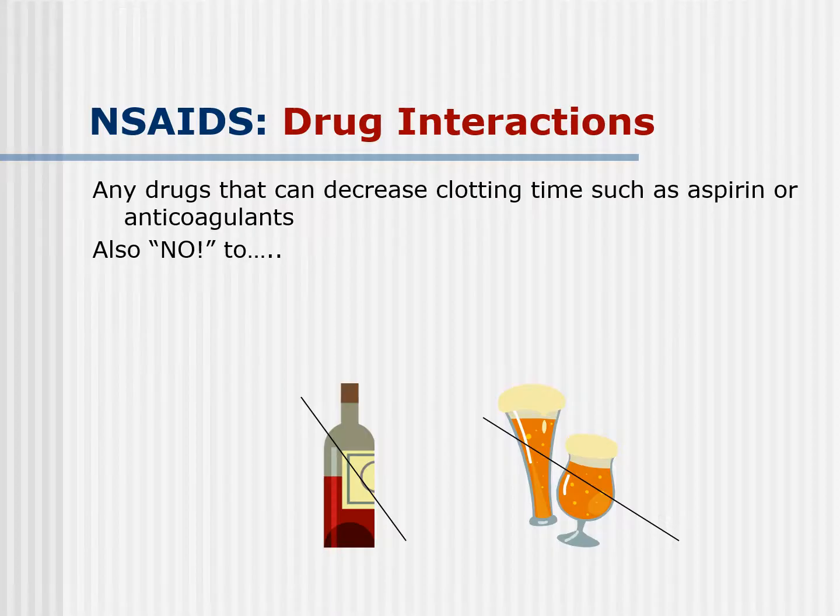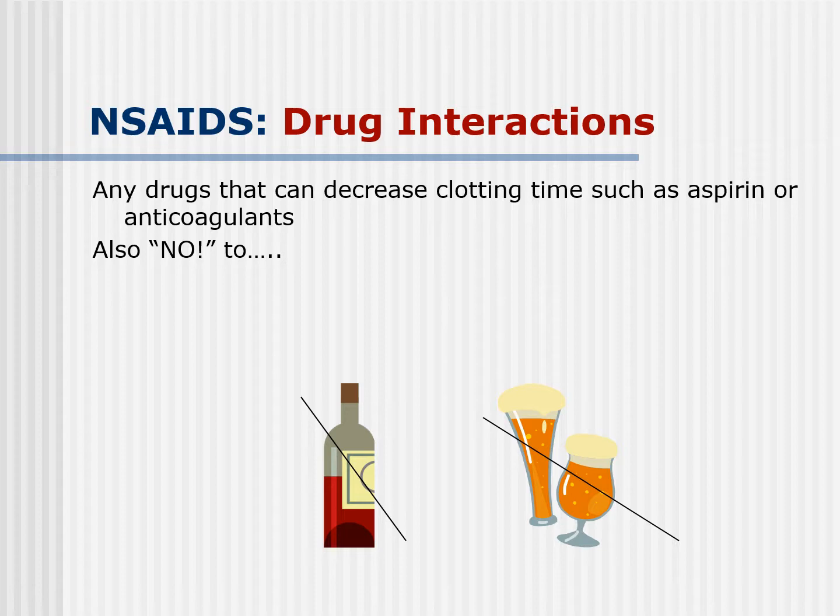Because of the antiplatelet aggregateness, and because of the stomach or gastrointestinal irritation, no aspirin or anticoagulants. So if you're prescribed an anticoagulant, you need to avoid NSAIDs and aspirin.